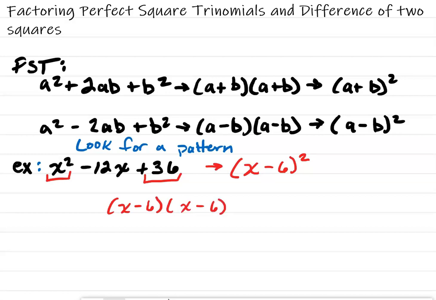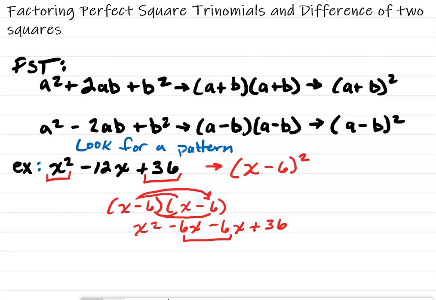Do the FOIL method. X times x is x squared. X times negative 6 is negative 6x. Negative 6 times x is negative 6x. And negative 6 times negative 6 is positive 36. We have like terms here. So yes, we end up with x squared minus 12x plus 36. Check. That is a perfect square trinomial.